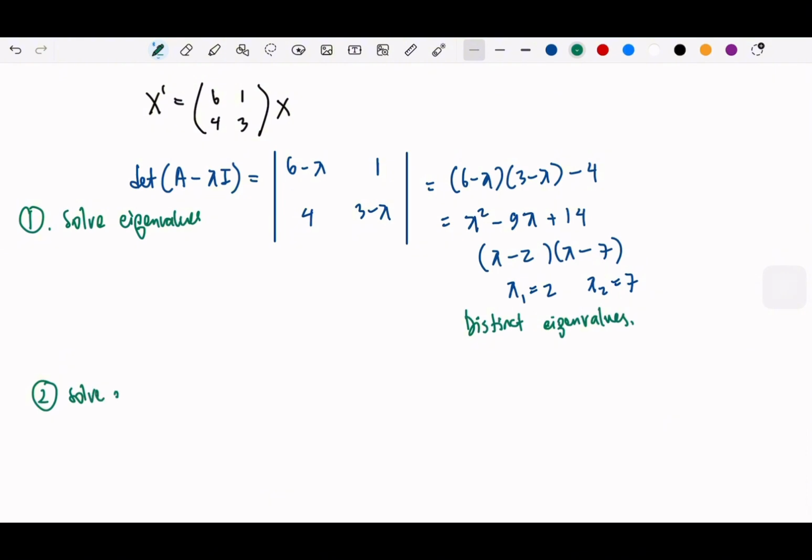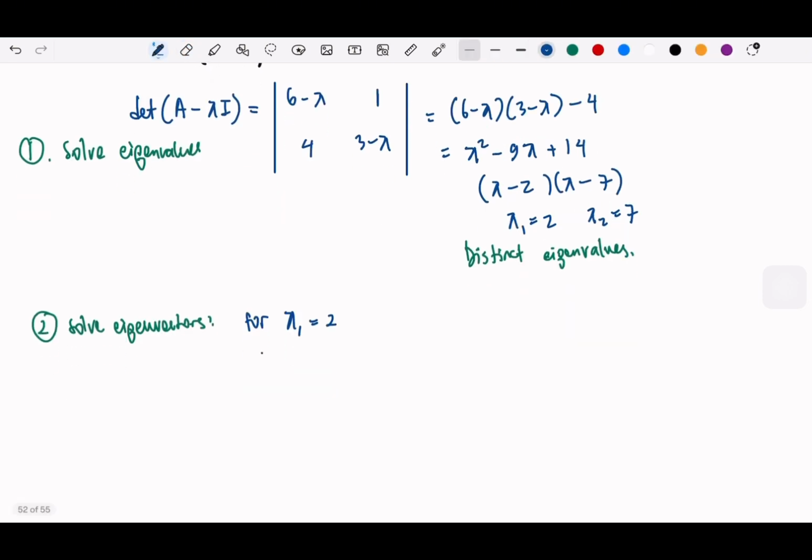Solve eigenvectors, which we get the eigenvectors for lambda equal to 2, this will be 4k1 plus k2 equals 0.